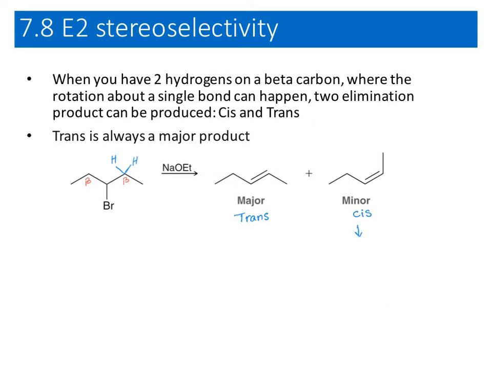So this one is less stable due to steric hindrance. Therefore, the trans product would be our major product. So just have this in your mind. When you have two beta protons and free rotation about the single bond is possible and cis and trans make sense in the products, the trans isomer would be our major product.